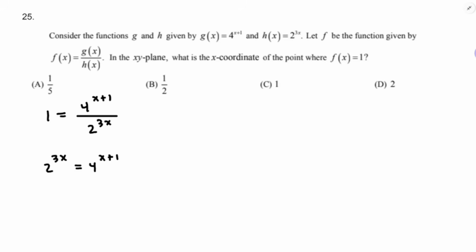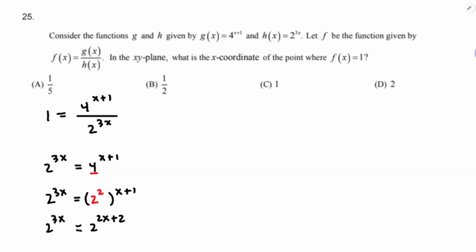So notice that 4 is 2 squared. So I'm going to work on that relationship and say, that's 2 to the 2 power, and I'm taking that to the x plus 1. That's going to equal 2 to the 3x. Then I'll have 2 to the 3x equaling 2 to the 2x plus 2, right?